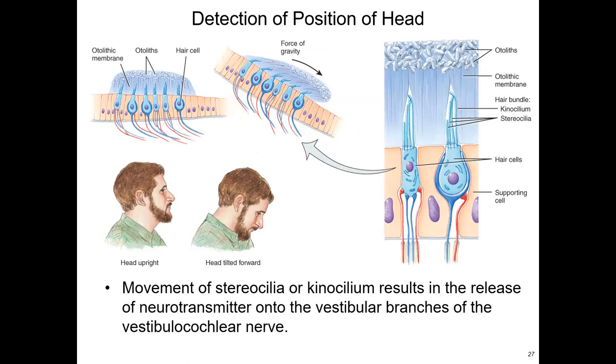Potassium channels open, calcium channels open, and neurotransmitters are released. And when you look on the right here, right underneath the hair cells, there are neurons of cranial nerve 8 that are awaiting the arrival of those neurotransmitters. So this is static equilibrium related to the vestibule and the hair cells in the macula.